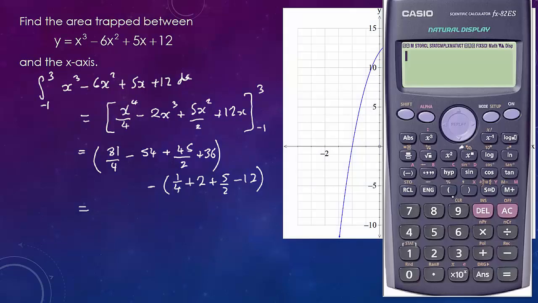So we need to do this on the calculator probably. And so what do we get? So we have got 81 over 4, take away 54, add 45 over 2, add 36.